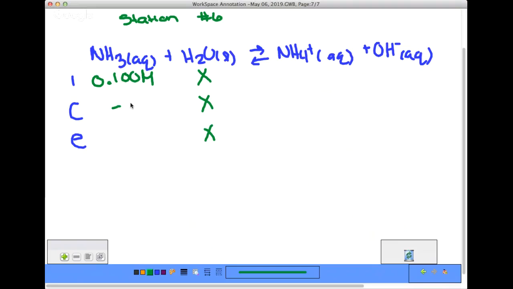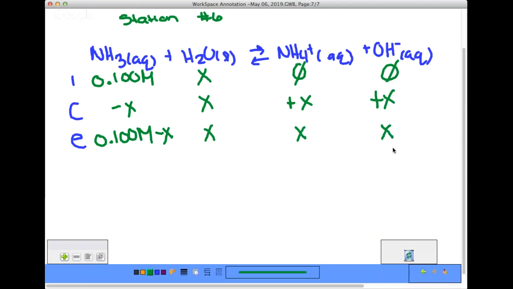So this is going to be minus x. These are 0. We're told that there's nothing about those. This is going to be plus x, plus x. So at equilibrium, it's going to be 0.100 molar minus x, and this is going to be x, and this is going to be x.